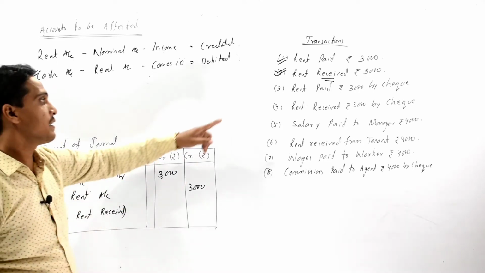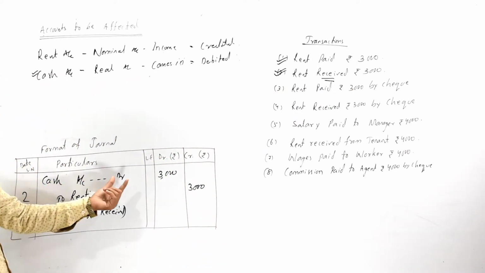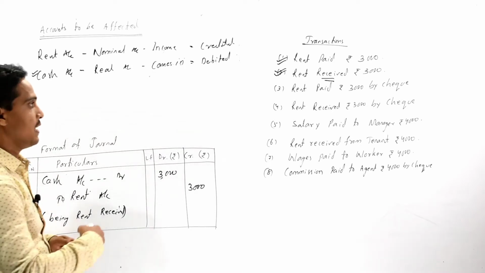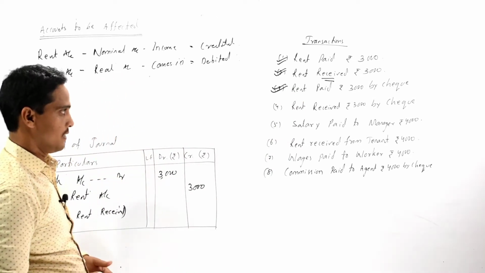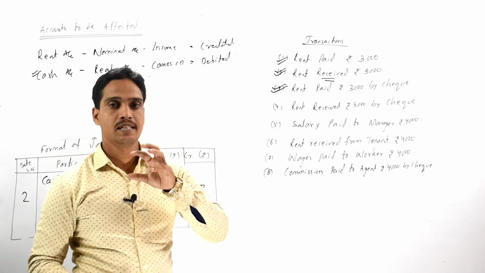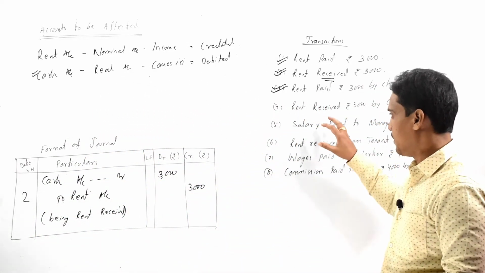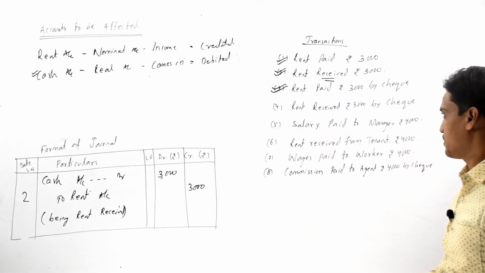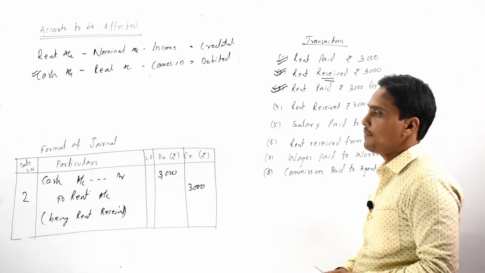So the journal entry of rent received is cash account debit to rent account. Similarly, now come to our third transaction, that is rent paid rupees 3000 by cheque. First of all, we should identify which accounts are going to be affected by the given transaction.